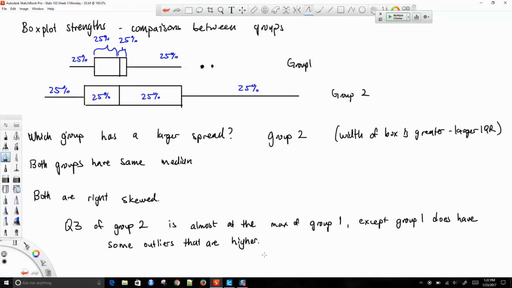So you might see multiple box plots next to each other, and you can use that to make comparisons between them.